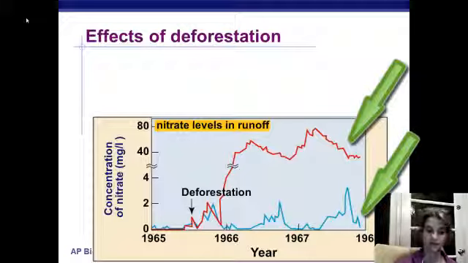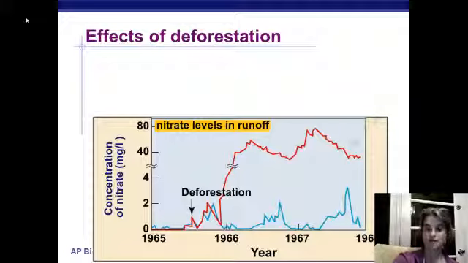And what you can obviously see is that in the deforested area, you've got an incredible leap in the amount of nitrate that is in the runoff. Why? Because there's no roots there to keep the soil in place, and so the nutrients in the soil simply leach out and are run off with the rainwater as it runs down the hill.